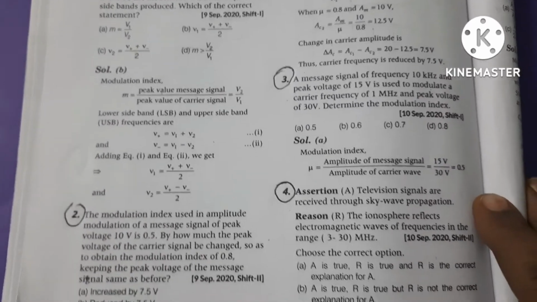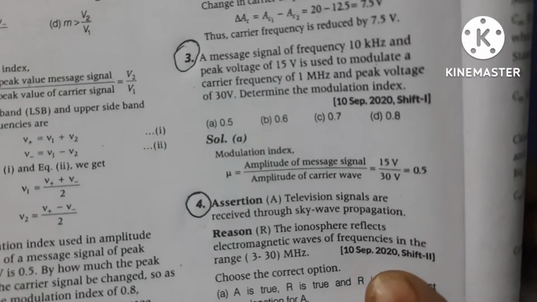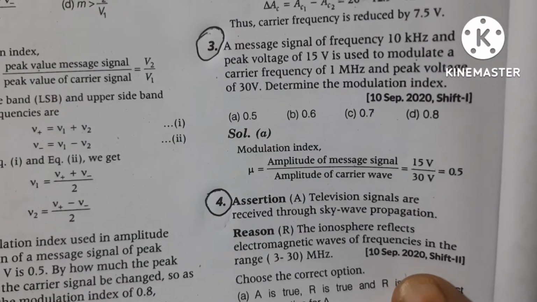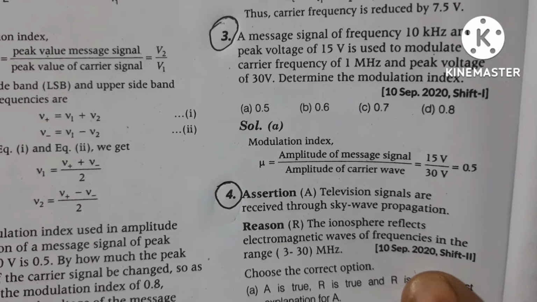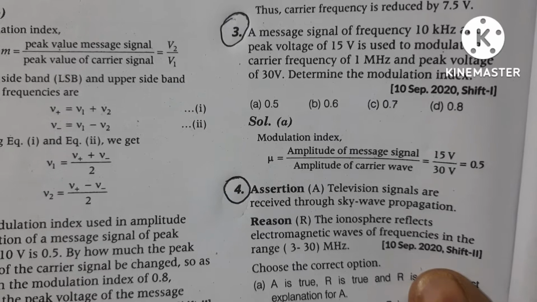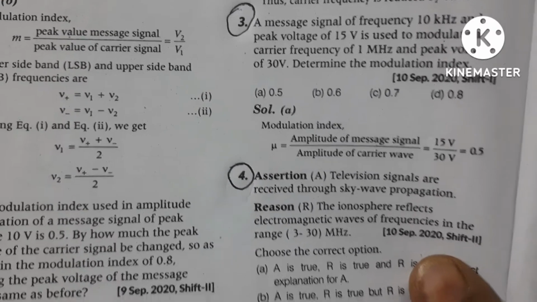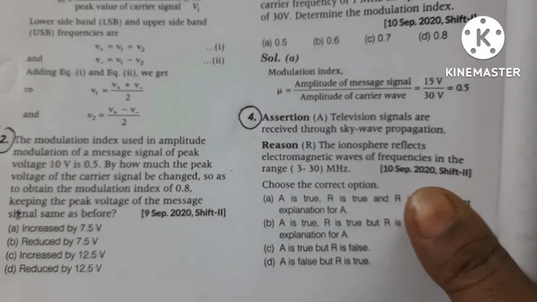Then come to the fourth one, it's very easy. Look at this. Television signals are received through skywave propagation. Reason: the ionosphere reflects electromagnetic waves of frequencies in the range of 3 to 30 megahertz.